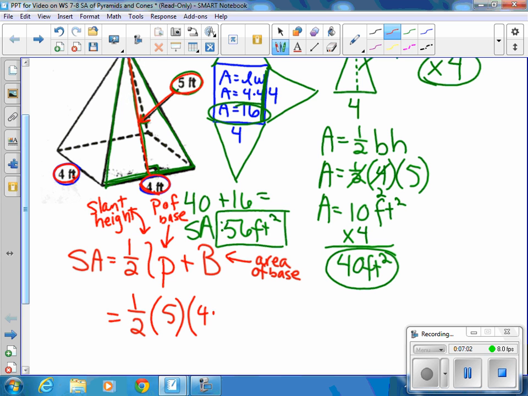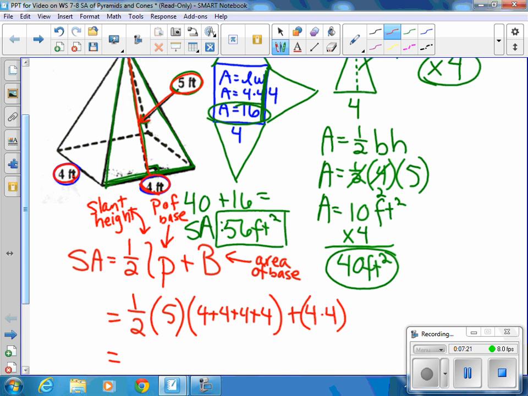Actually I'm going to do it like this: 4 plus 4 plus 4 plus 4, because that's my perimeter, because I'm adding all the sides. We know sum of all sides is perimeter. Plus the area of the base, well, the base we just said is length times width, so that's going to be 4 times 4. And I'm adding that up together too.